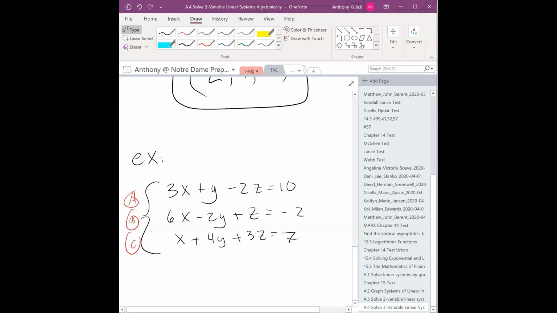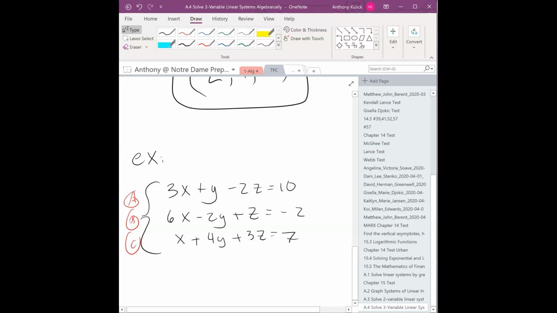So here, just like we did before, we're looking for a variable in an equation to use to eliminate that same variable from the other two equations. Basically, I'm looking for a variable whose leading coefficient is 1, or whose leading coefficient is a divisor of that same variable's leading coefficient in the other equations.